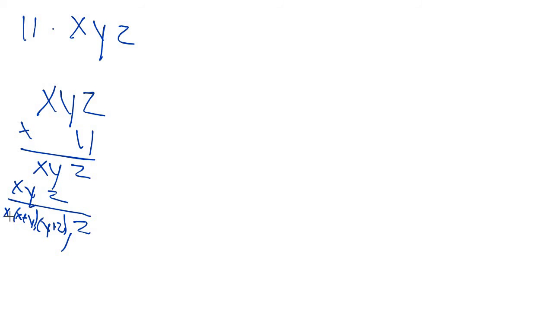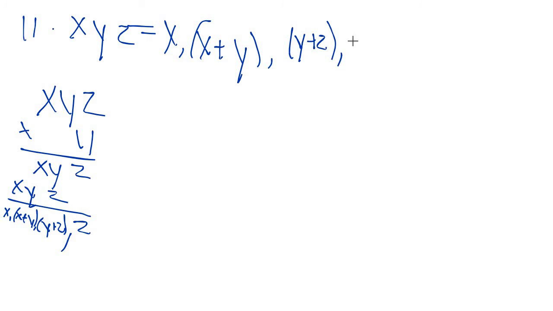And then we have x, and this is kind of hard to see. So in general, we see that the first digit is x, the second digit is x plus y, the next digit is y plus z, and the last digit is z.